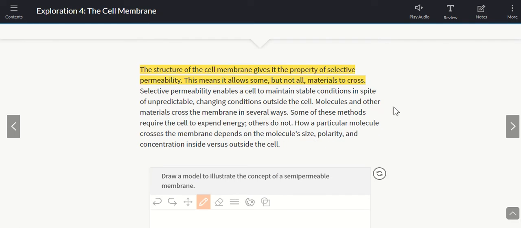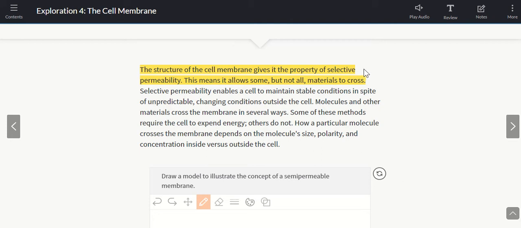Now, there's a term that we use when we talk about the cell membrane, and it is this term right here, selectively permeable, or we say that the cell membrane has selective permeability. What that means is that it allows some materials to cross, but others it does not. We talked about how a cell membrane is kind of like a chain link fence, and just like a chain link fence, there are certain substances that can pass right through, other substances that cannot.